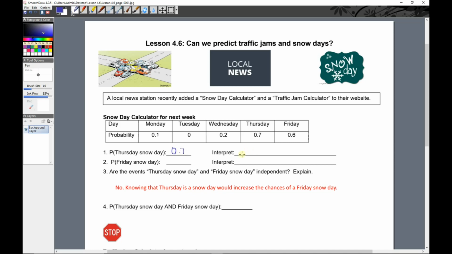And the interpretation of this is a 70% chance of snow day on Thursday. Probability of a Friday snow day is right here, 0.6. And that would be a 60% chance of snow day on Friday.